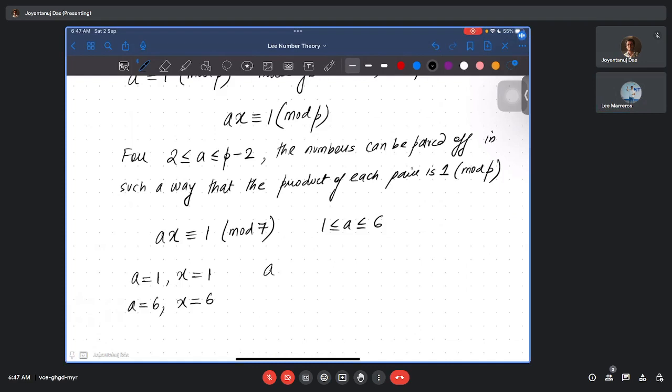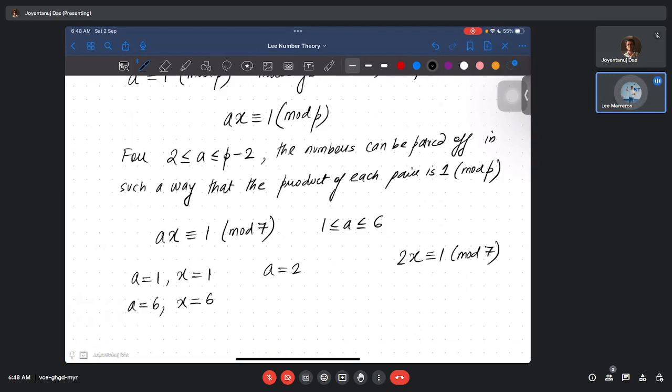Between 2 and 5, if a equals 2, can you find a solution? I want 2x congruent to 1 mod 7. What is the value of x? x is 4, because 2 times 4 is 8.